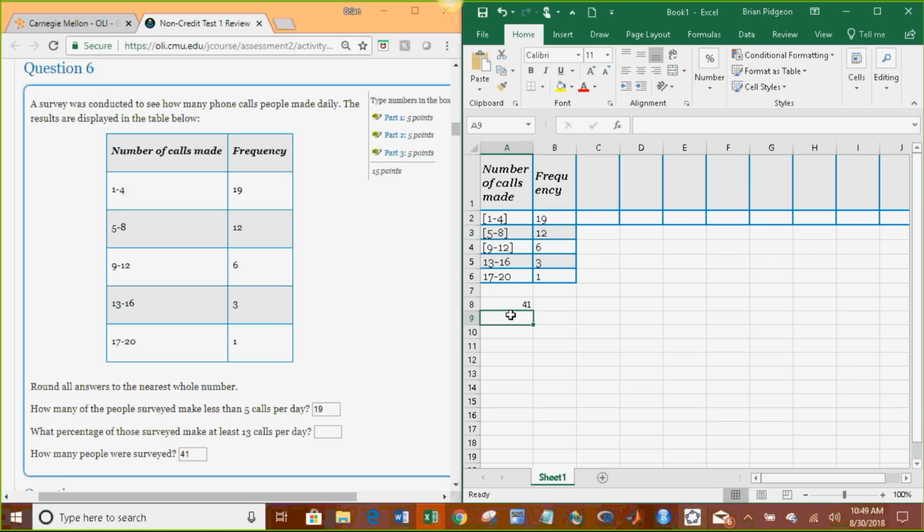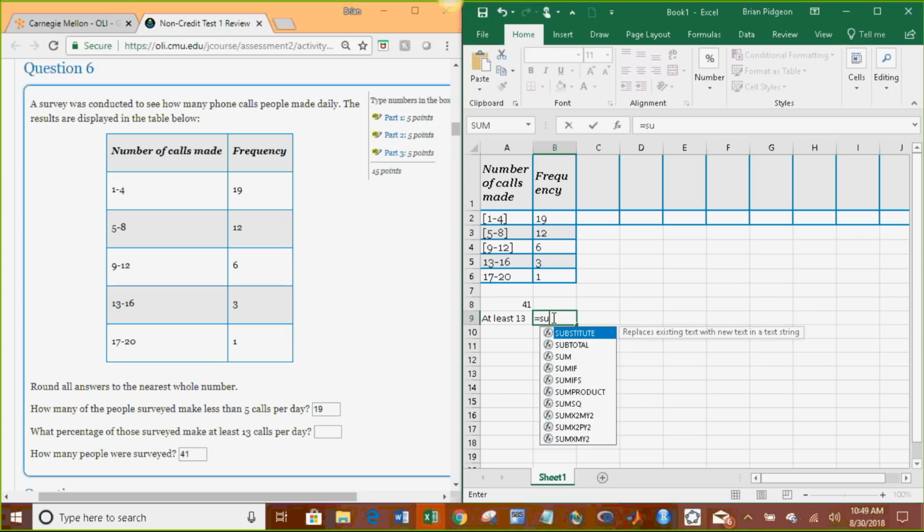So now we want to know what percentage of those make at least 13 calls per day. So, at least 13, not 12. At least 13 means greater than or equal to 13. That means we're happy with people who make 13 phone calls, 14, all the way up until, in this case, 20.